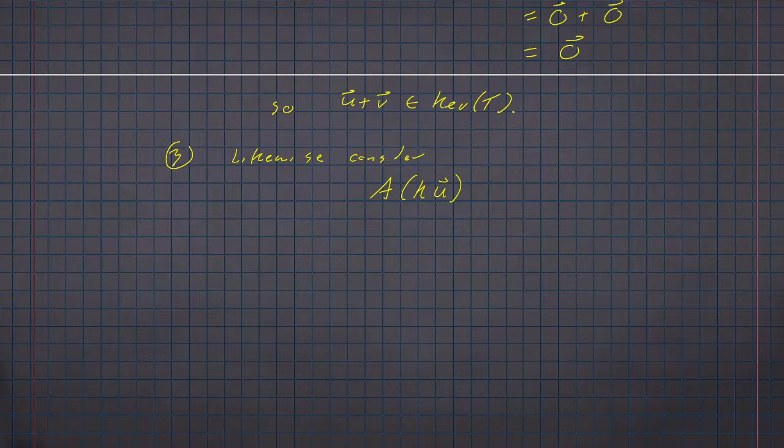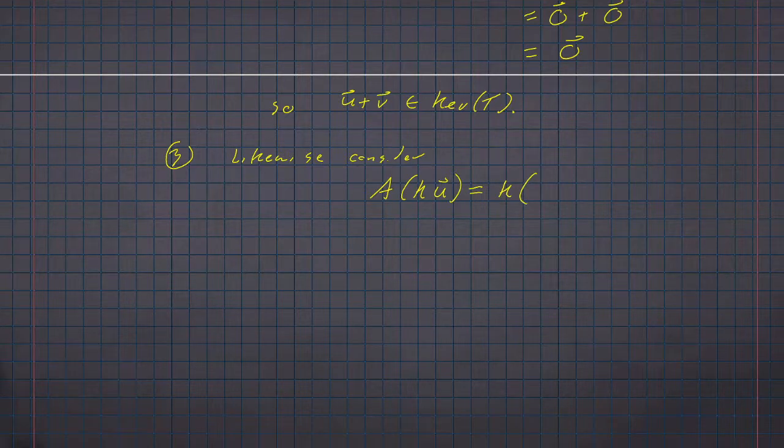Remember, even though u is a vector, it is just a column matrix. And if you're multiplying a scalar times a matrix, you can multiply that scalar times the product of A and the column vector u, and you get the same thing.